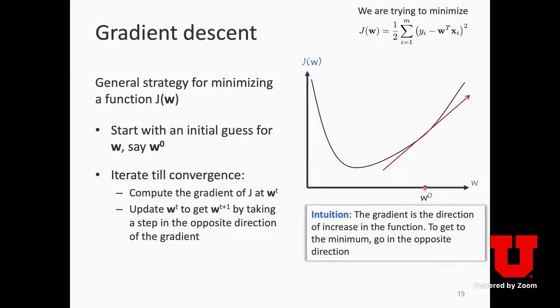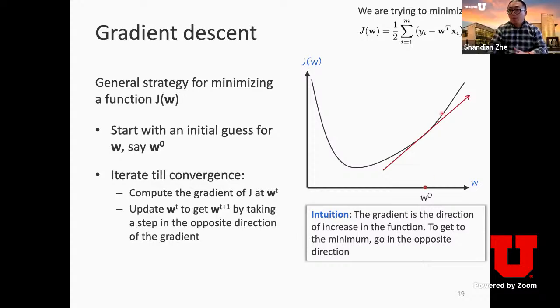It would be up and to the right. Why? Because at that point, the gradient is positive, and so we'd be increasing in cost. And we want to minimize cost, so we should go the other direction.